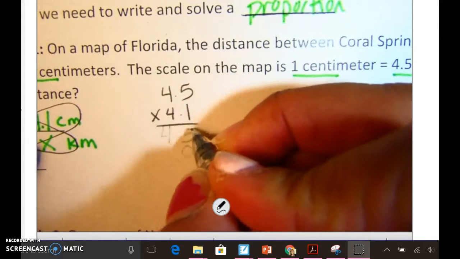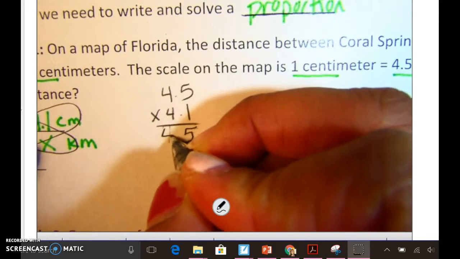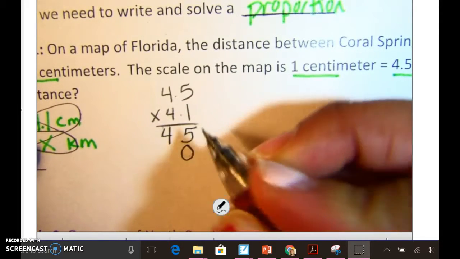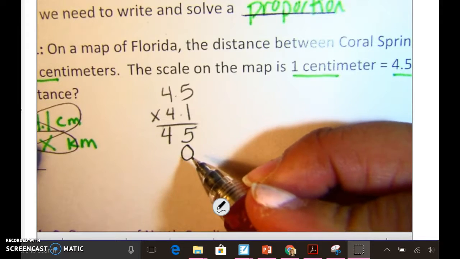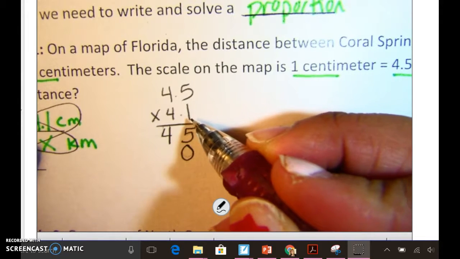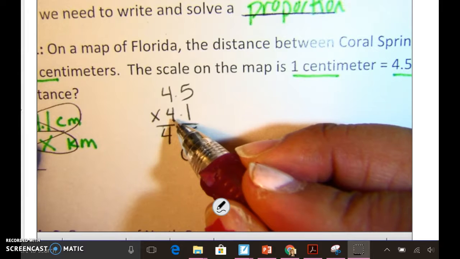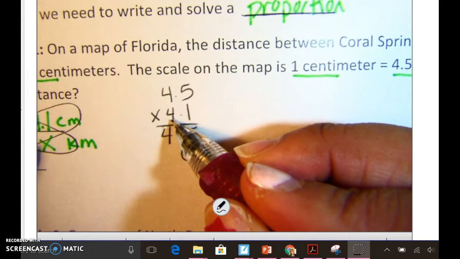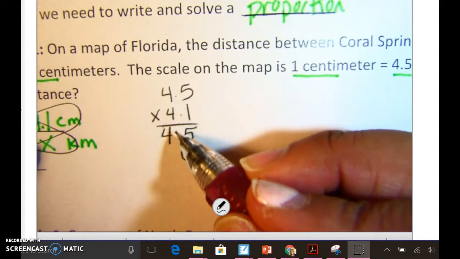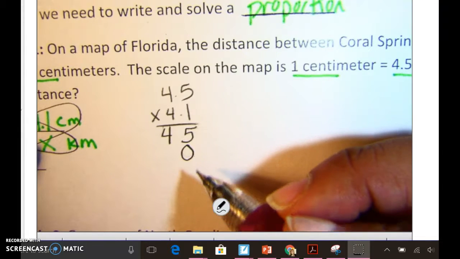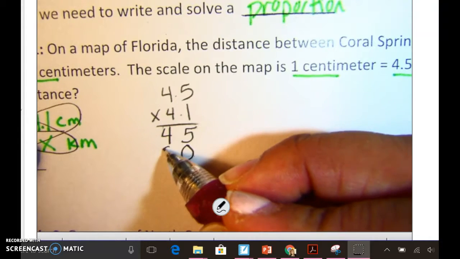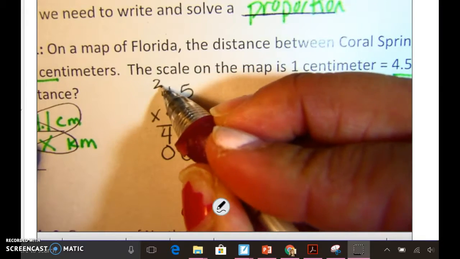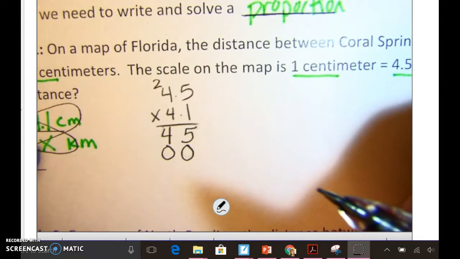So let's see, 1 times 5 is 5, 1 times 4 is 4. Then I put a 0 to hold the place when I go to the next line, because I'm not multiplying times the 1's place, I'm multiplying times the 10's place. So this is like 40 times 5 and 40 times 4. That's what that 0 helps me do. 4 times 5 is 20. I need a 0 here. I carry the 2. 4 times 4 is not 8, because you're adding the 2.